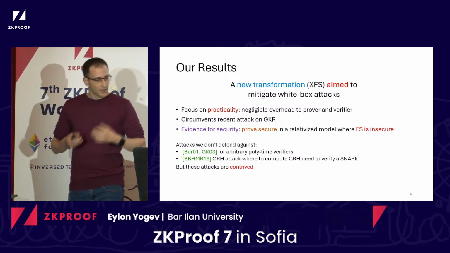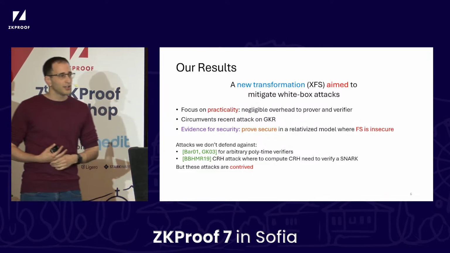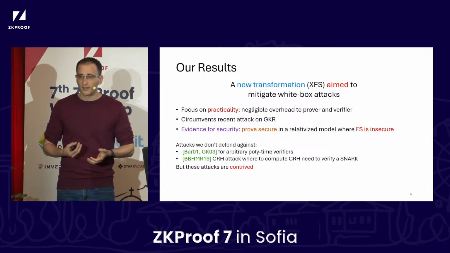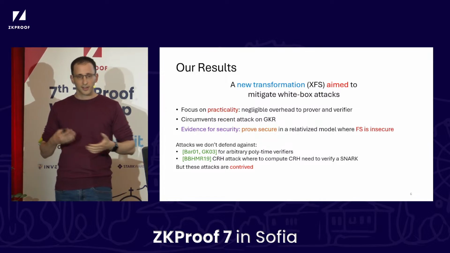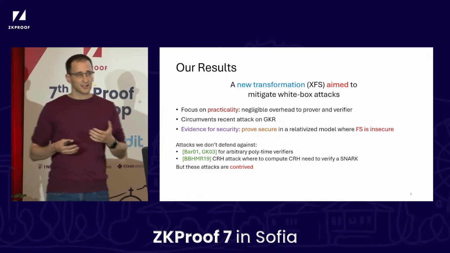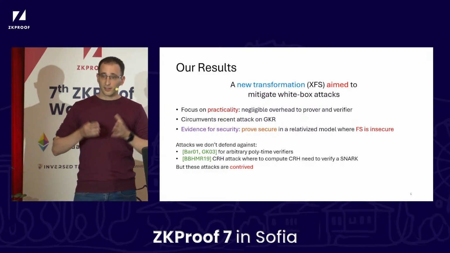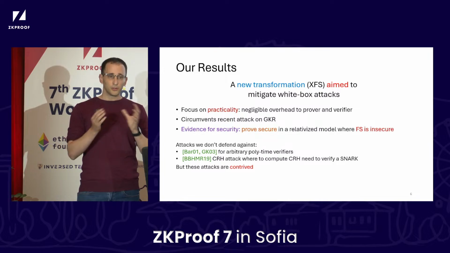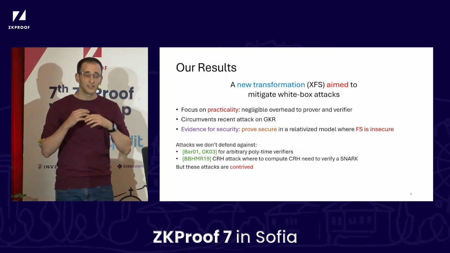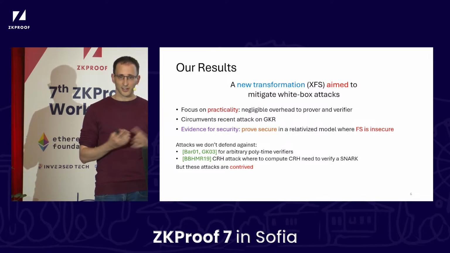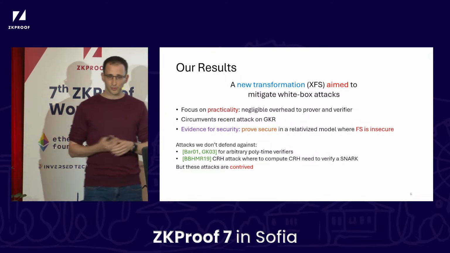Okay. At this point, before I continue, I just want to say that my main point here is that we have this cat and mouse game of attack and defense, and I think this sheds a lot of light that this is becoming a new area of research. I need many more eyeballs and new techniques, okay, to fully understand Fiat-Shamir and its security.